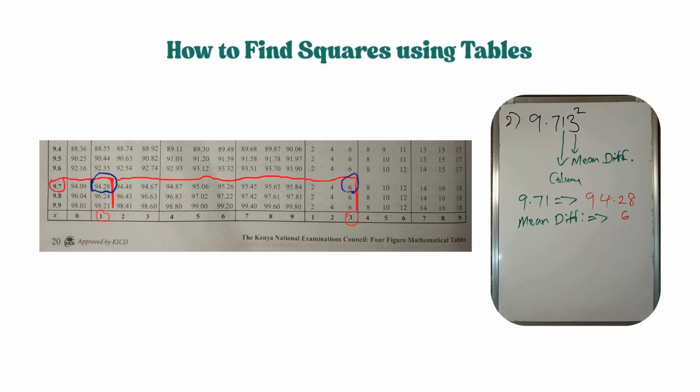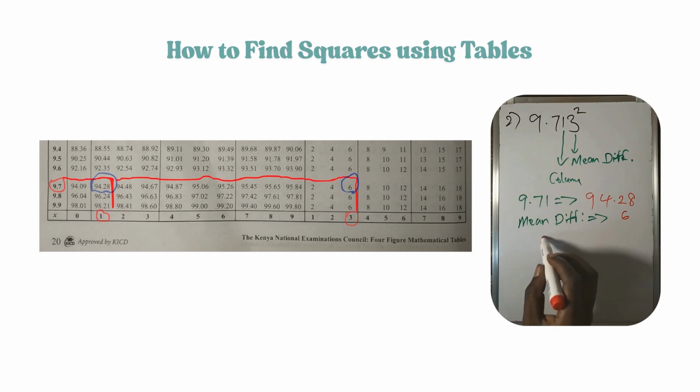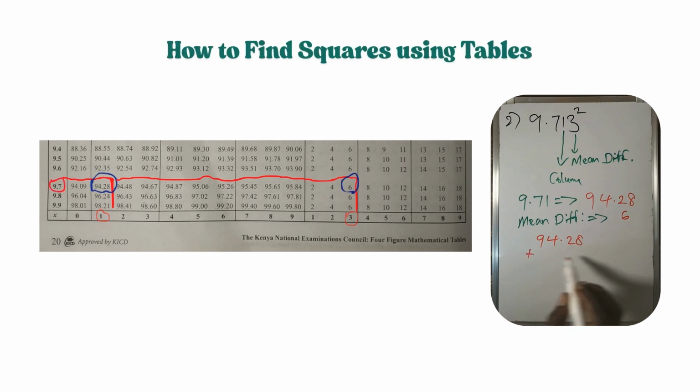Now let's start to find the final value. To find the answer, we'll add the value that we located plus the mean difference, and that will be 94.28 plus our mean difference 6.